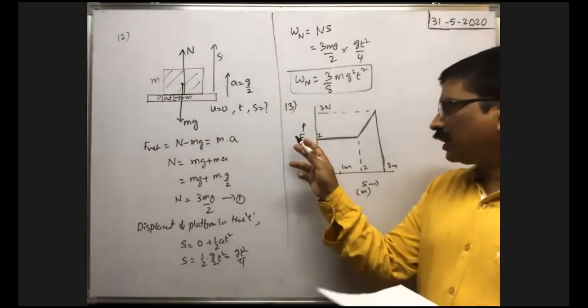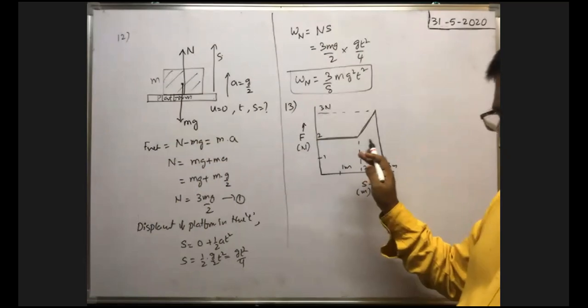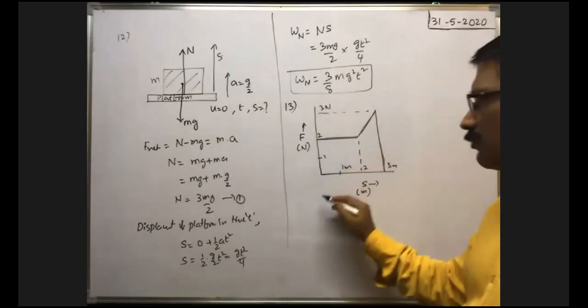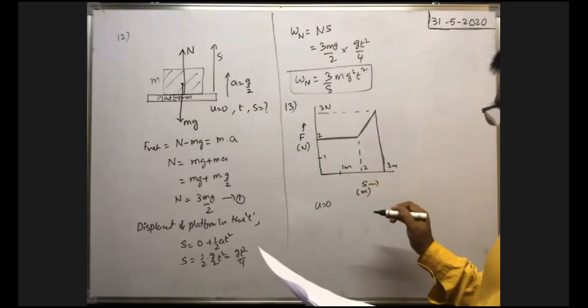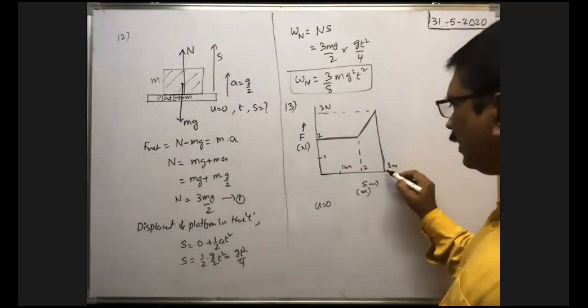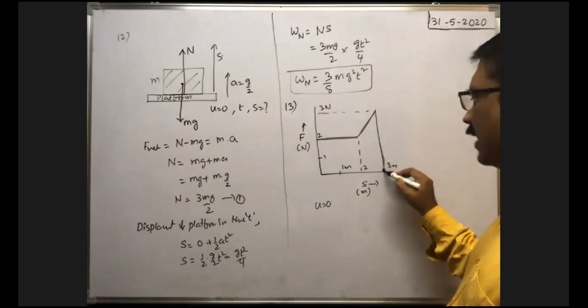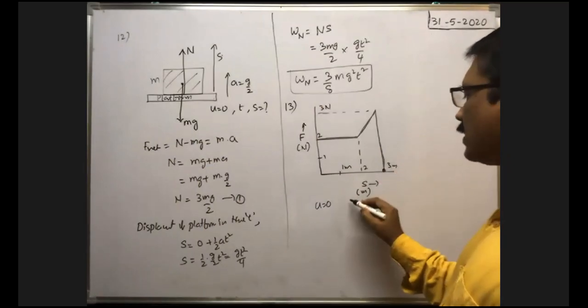The force acting on a body varies with the distance according to the graph given like this. Initially it starts from rest, that's why the initial velocity is 0. Then what is the kinetic energy of the particle after it has traveled a distance of 3 meter? 3 meter means this one. After it has traveled a distance up to 3 meter, what is the kinetic energy?